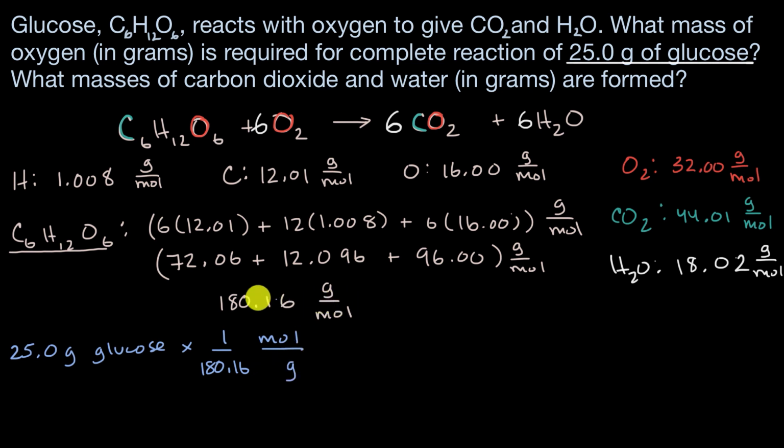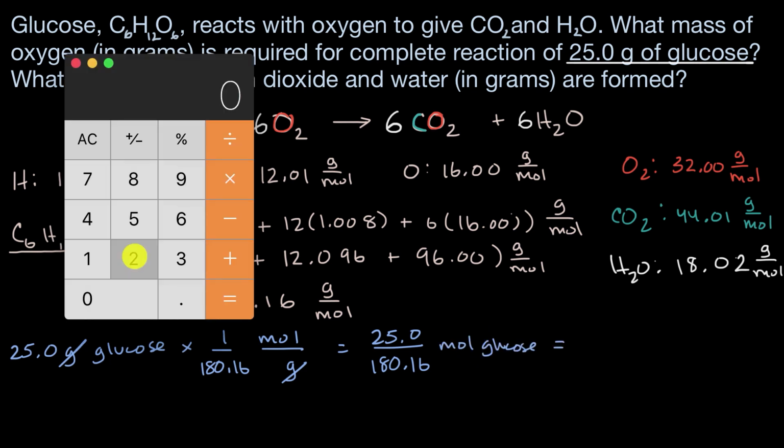All I did is take the reciprocal of this over here, and notice the grams will cancel with the grams, and I'll be left with moles of glucose. This is going to be equal to 25.0 divided by 180.16 moles of glucose.